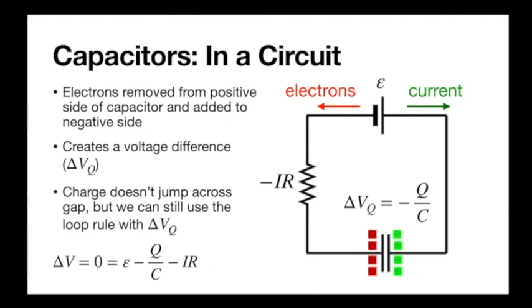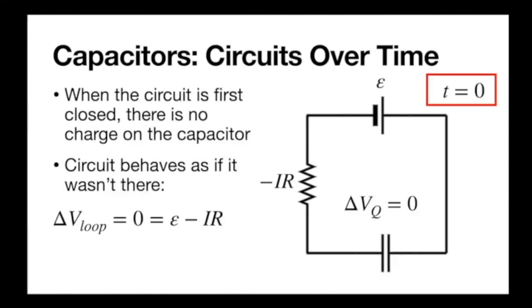Great, so now what does that actually look like over time in a circuit? Well, at time equals 0, rewinding, the capacitor is neutral. No net charge on either side, right? Same amount of positive and negative on each plate. In this case, we do our loop rule. This is the equivalent of when we were taking snapshots of the fluid circuit.